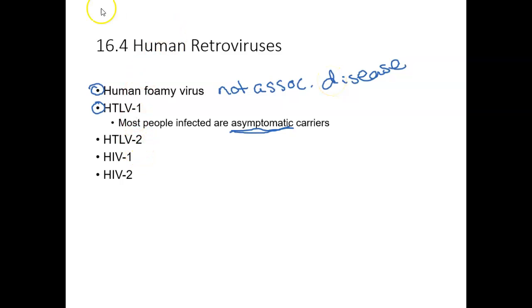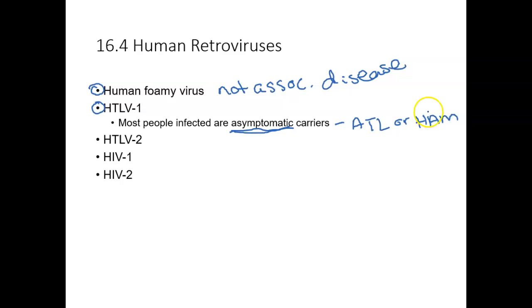The other disease that it can be associated with is abbreviated HAM, and it's HTLV1 associated myelopathy. So again, pretty rare, but occasionally it is linked with a cancer, so ATL or HAM.